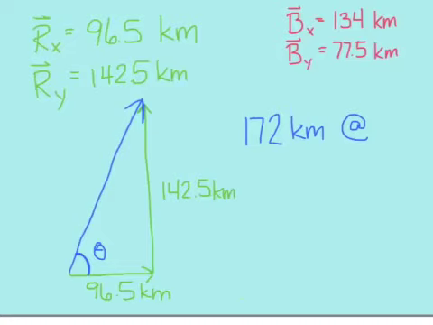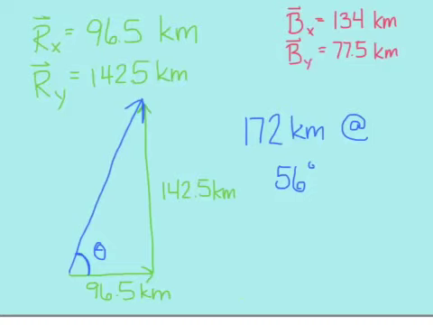I also prefer to use the tangent function to find this angle. This angle is equal to the inverse tangent of 142.5 kilometers divided by 96.5 kilometers. That gives me an angle of 56 degrees.